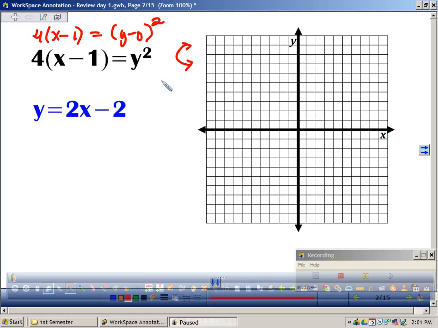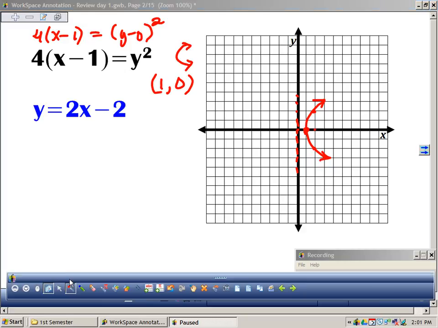X is 1. Y is 0. So 1, 0 right here. My LR is 4, so I'm going to go out 1 and out 1. Since it's positive, this is my directrix. Out 2 to make a total of 4 wide.